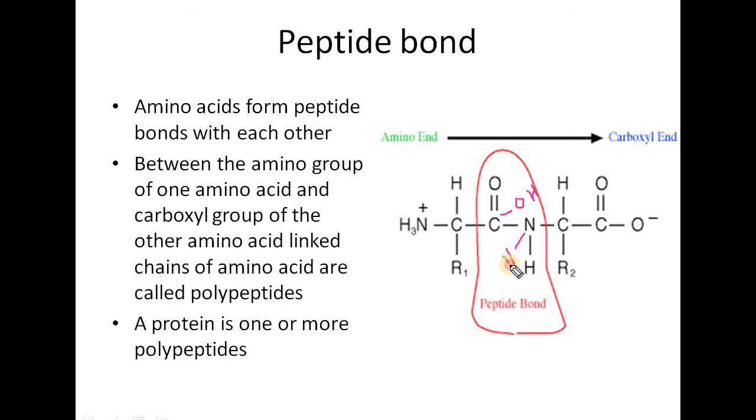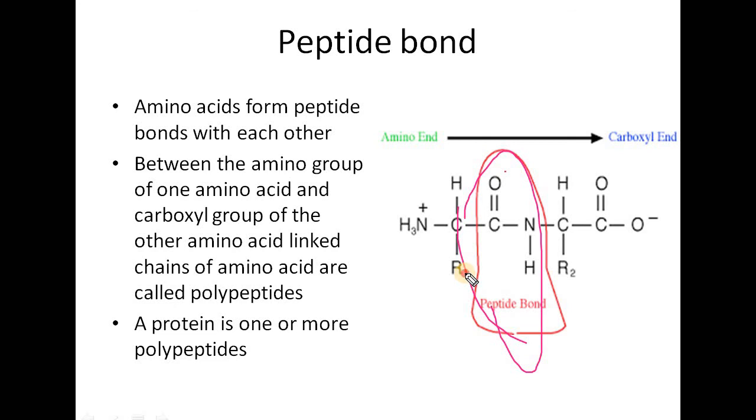What happens is a dehydration reaction, which takes this OH and this H to make an H2O molecule, and the NH and the C double bond O are bonded together, making the peptide bond. This one that is circled with this red line is the peptide bond.